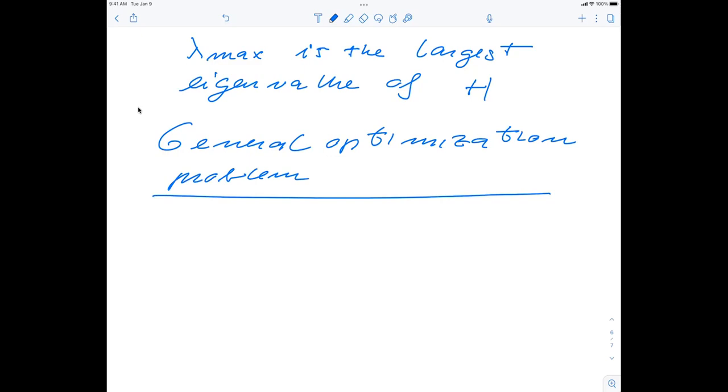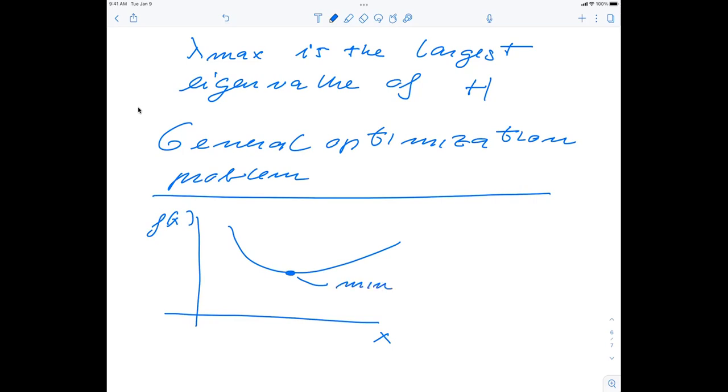If you look at the type of functions which we want to optimize, in 2 dimensions, we would have a function f of x. The typical problem we want to deal with is to find a minimum. Alternatively, we can have a maximization problem, like this.